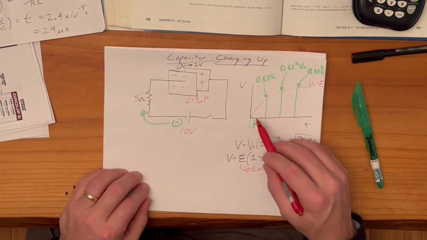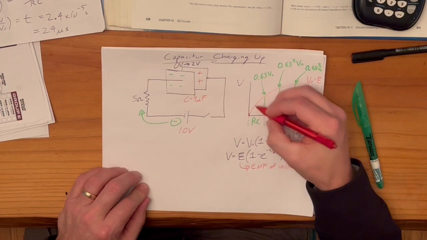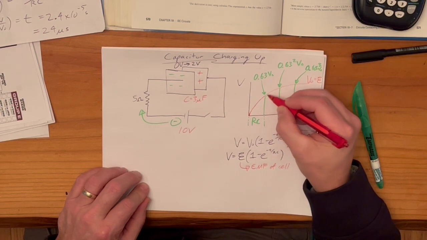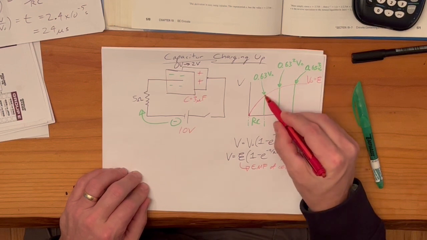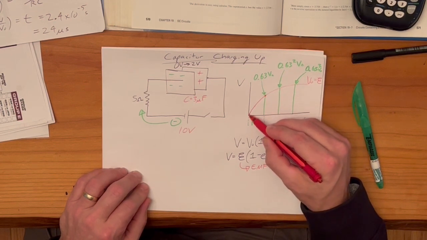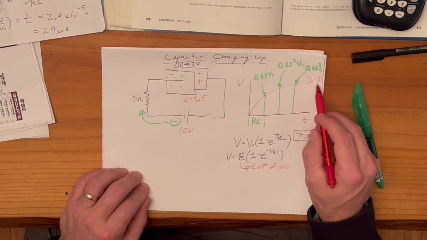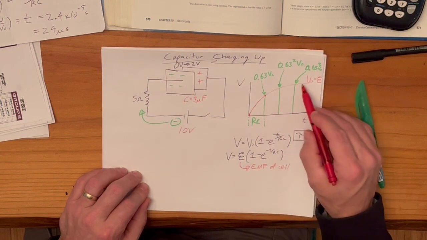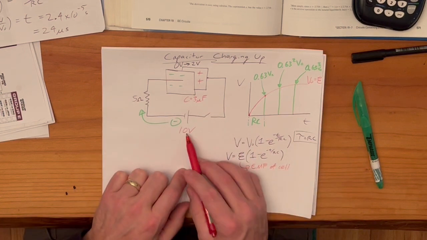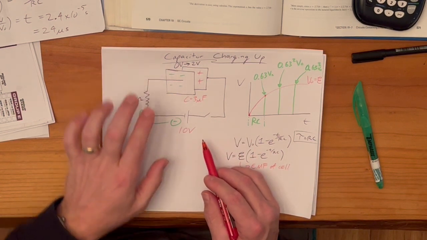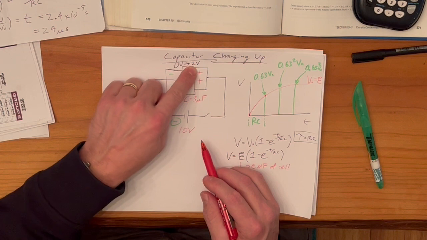So if I'm going from 0 here up to here, let's say, this is not the full EMF, nor did I start at the full EMF, but I need to know the EMF because I'm on this curve that is approaching the EMF. So I'm going to close this switch. I've got 10 volts, it shoots in there. At some point, we're going to hit 2 volts.